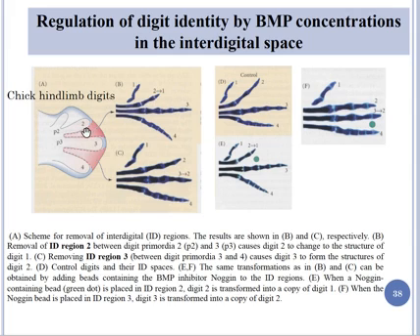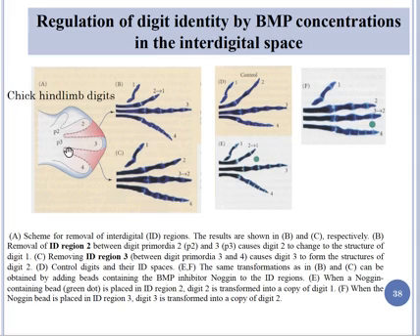In the first experiments, they tried to remove the interdigital region number 2. It means this region. After removing this interdigital zone present between digit number 2 and 3, it turns out that digit number 2 has been converted into digit number 1.